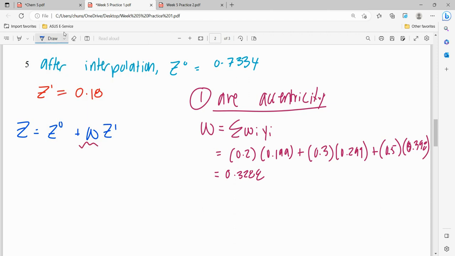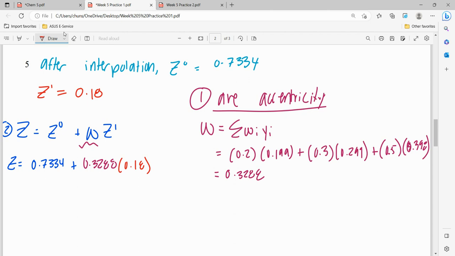So now we can find Z. This is step 2. This is equal to 0.7334, which we found from our table, plus the average that we just calculated, times 0.18.